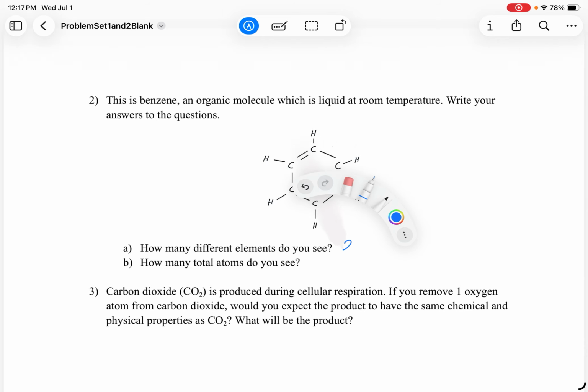That's 2. How many total atoms do you see? We're just going to have to do some counting, right? 1, 2, 3, 4, 5, 6, 7, 8, 9, 10, 11, 12. So 2 different elements, which is carbon and hydrogen, and 12 total atoms, 6 carbons and 6 hydrogens.